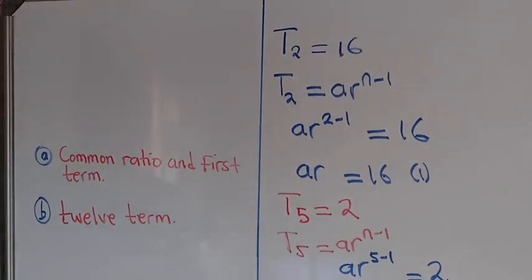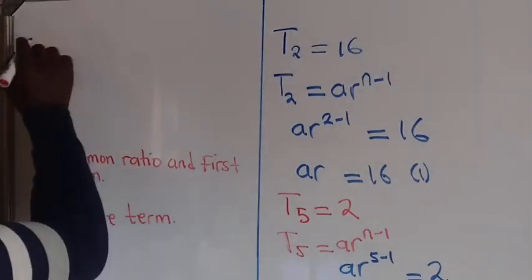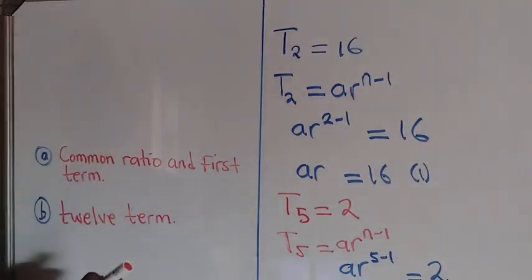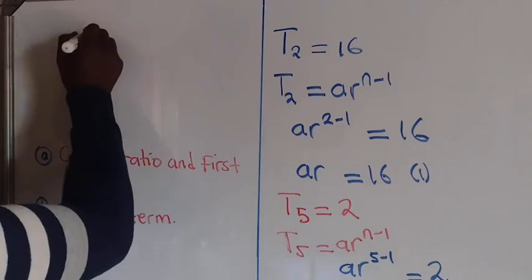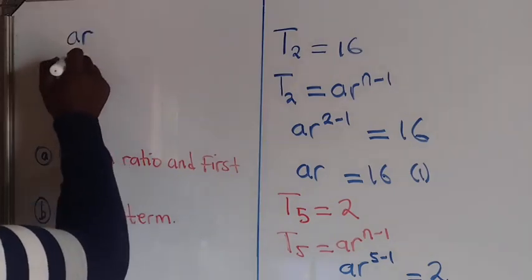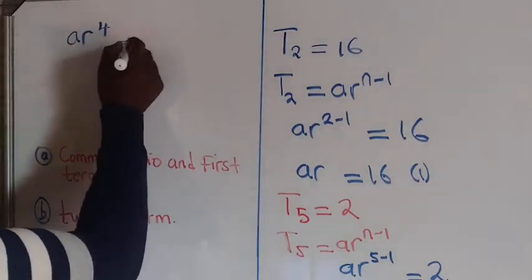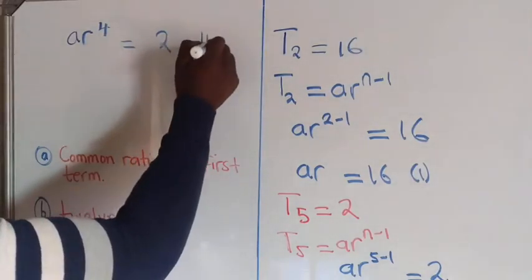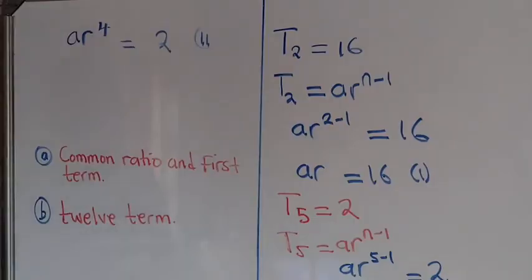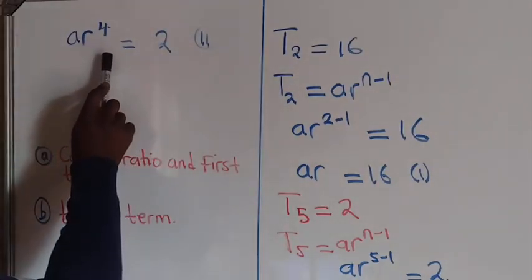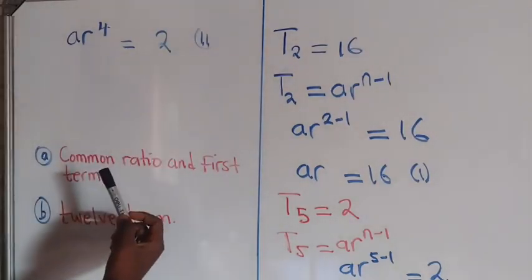Let me write our second equation on top. We have ar to the power of 5 minus 1, which is 4, is equal to 2. So this is our second equation. Since we have our equation 1 and our equation 2, what you can do is this.